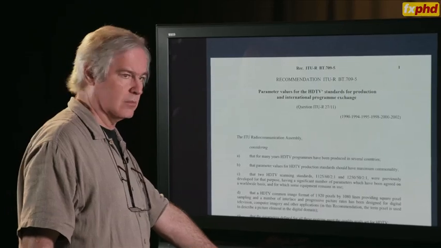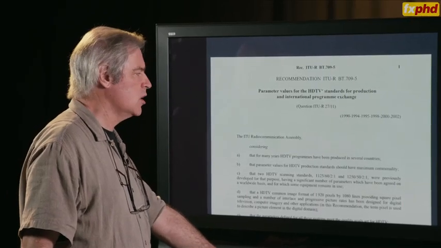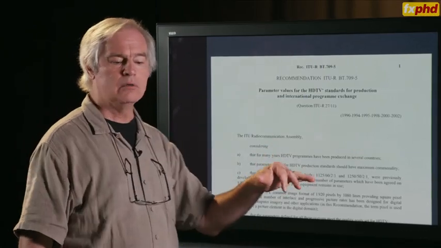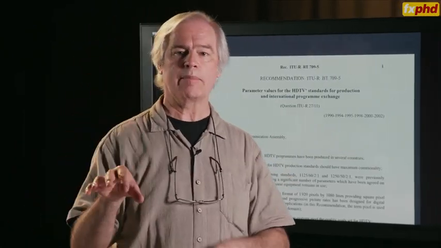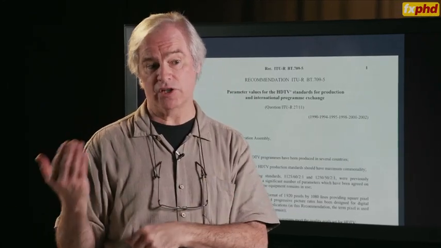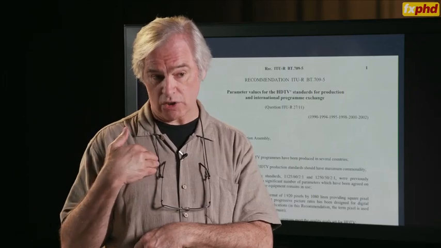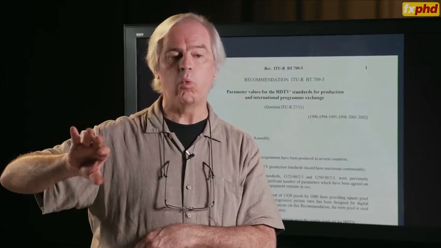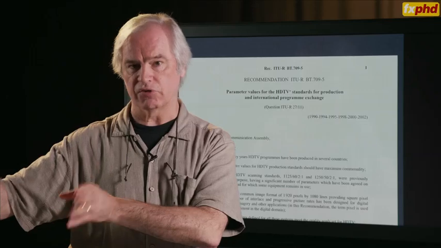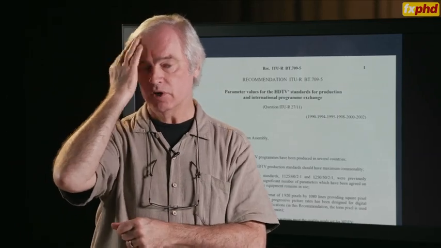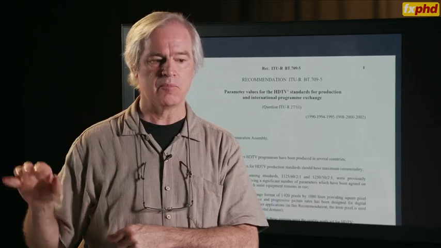This is just the top half of page 1. And 709 only standardizes the optoelectronic function, that is to say the function in the camera, which, according to my argument, is not important. Well, it's important for engineering purposes, but it's not necessarily important for creative purposes.